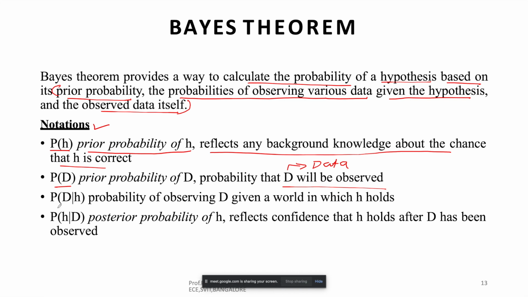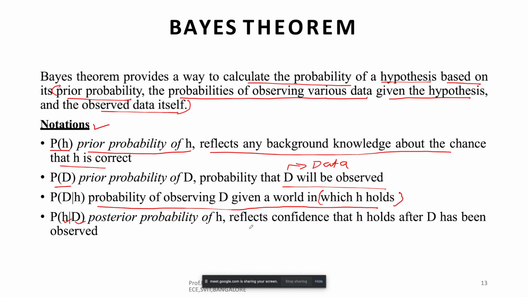Then P of D given H. The notation says the probability of observing D given a world in which H holds. In which H holds, that is a very important key point here. Then you have the probability P of H given D.